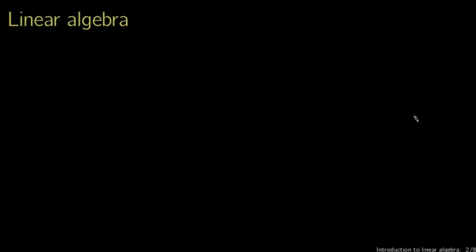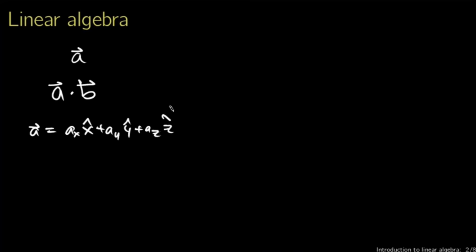To justify why this is useful, I'm going to make a couple of analogies. There are some things that we can say on the basis of vectors. We have vectors, A. We can make dot products between two vectors. We can express a vector A in, say, Cartesian coordinates, a_x x hat plus a_y y hat plus a_z z hat.